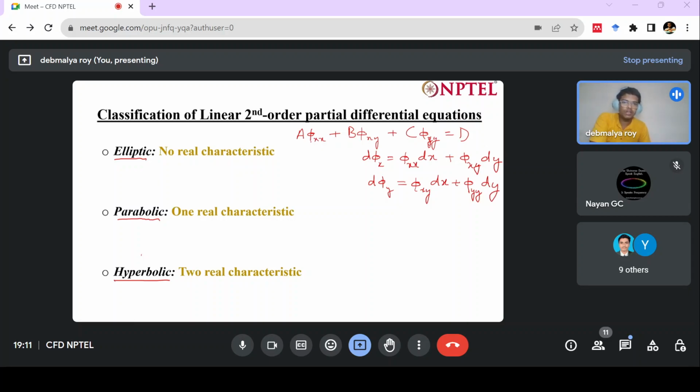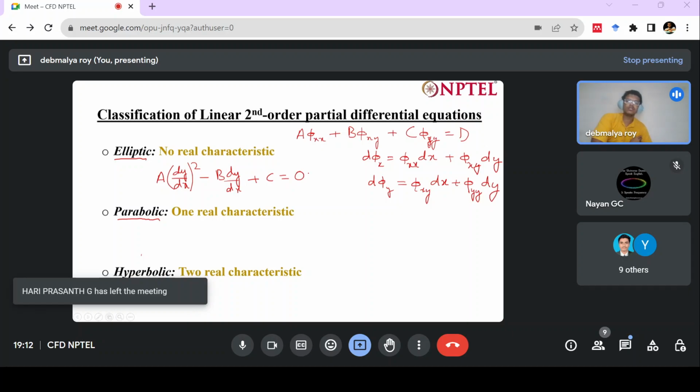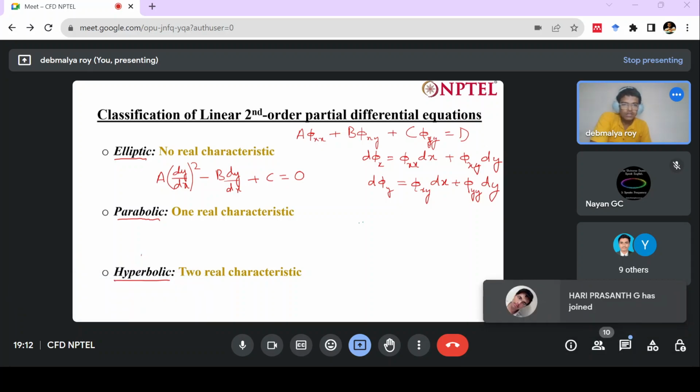So we did that, and we found a quadratic equation of the form a (dy/dx) squared minus b (dy/dx) plus c equal to 0. Since this is a quadratic equation, we will have three conditions, and from those three conditions we arrive at the three classifications of elliptic, parabolic, and hyperbolic.